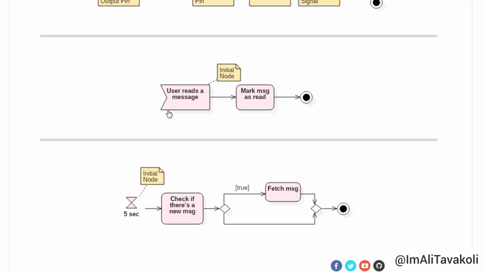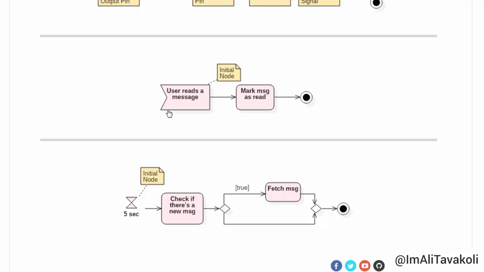So in a real-world system, sometimes a third-party library that we are using will give our system data which causes our system to start an activity flow. And in that case, we can demonstrate that by using the receive signal as an initial node.